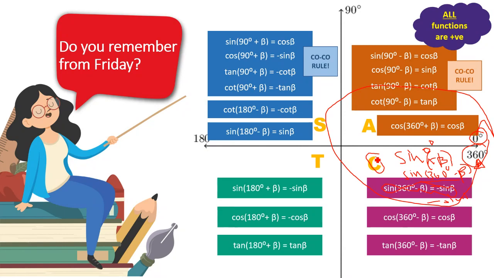Right. The same is true for the other example we didn't do, in the instance where you have a sine of, let's say, 450 degrees minus beta. So 450 degrees is basically made up of 360 degrees and 90 degrees.